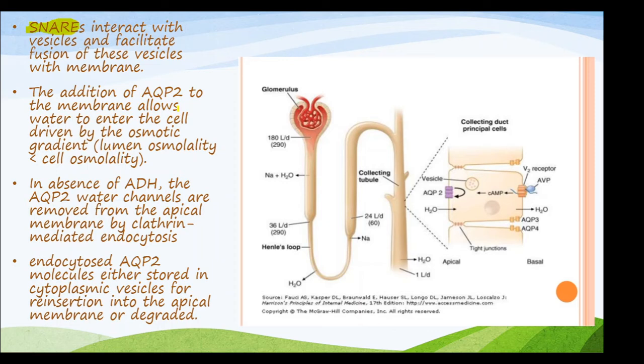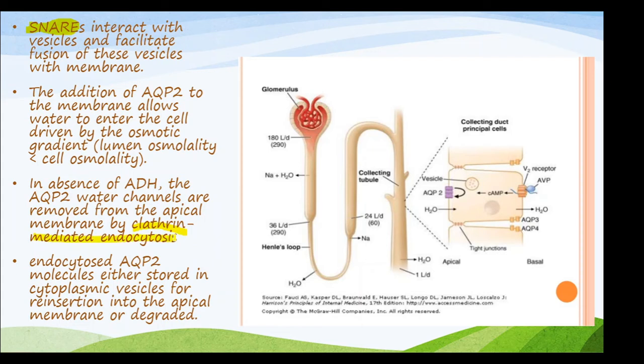So the addition of AQP2 to the membrane allows the water to enter the cell driven by the osmotic gradient. In the absence of ADH, the AQP2 water channels are removed from the apical membrane by what is called clathrin-mediated endocytosis.